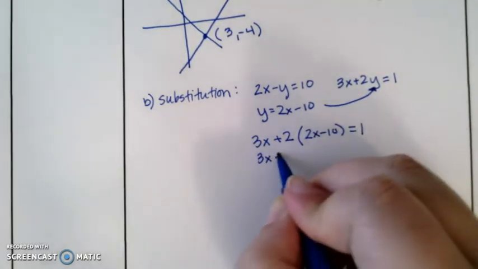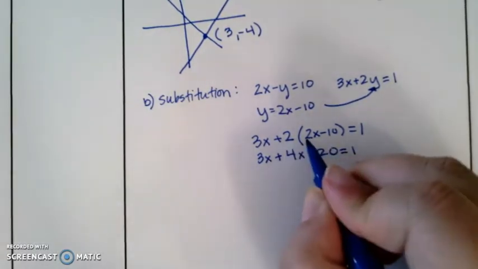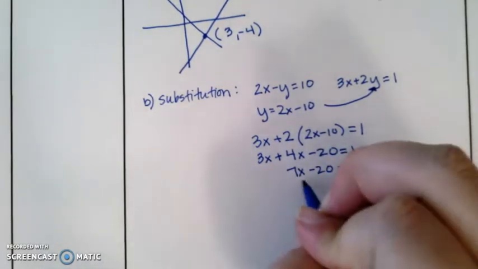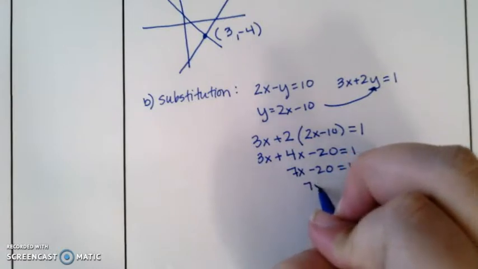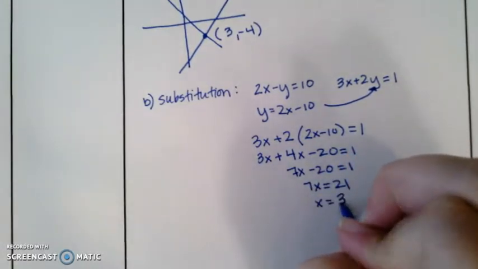So 3x plus 4x minus 20 equals 1. That was distributing the 2. 7x minus 20 equals 1. Adding 20 on both sides, 7x equals 21, so then x is 3.